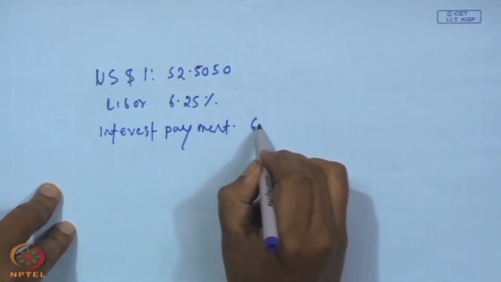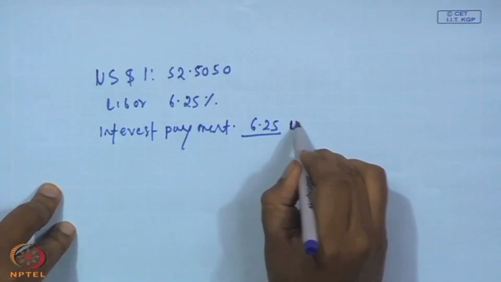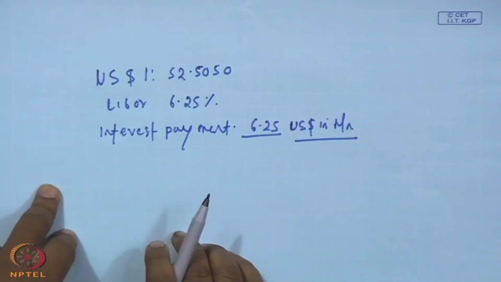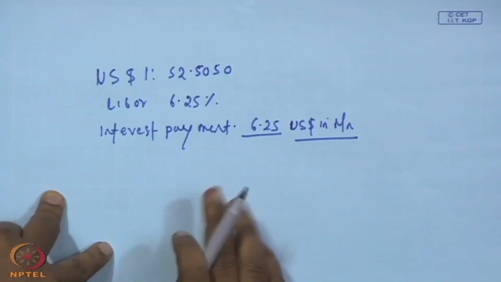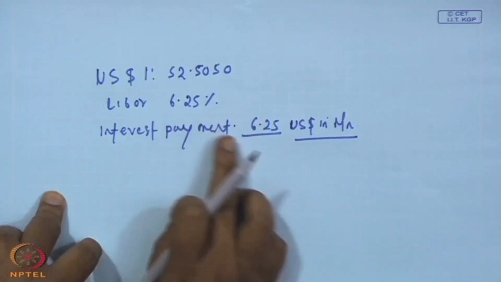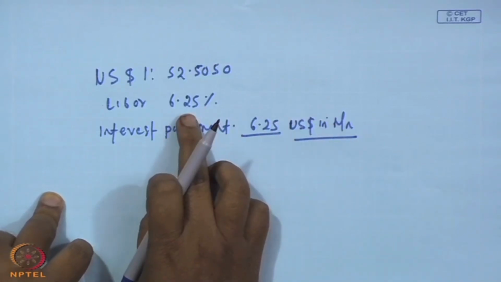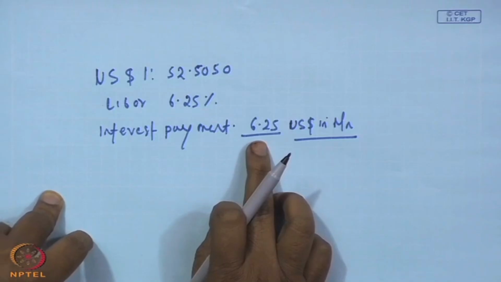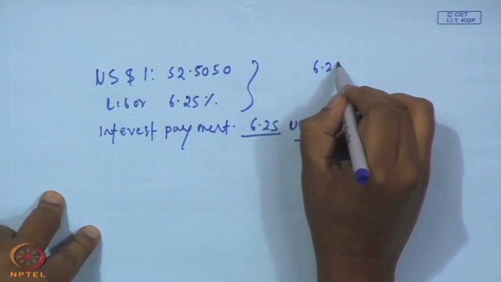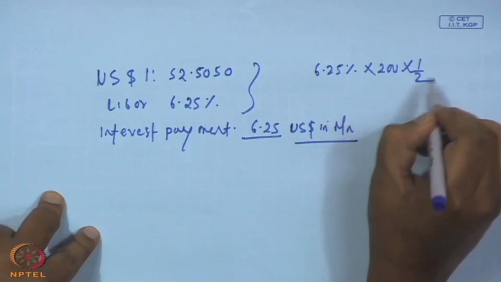The principal borrowed is 200 million, and the annualized rate is 6.25, so the calculation is 6 month interest: 6.25 percentage into 200 millions US dollar into half yearly.